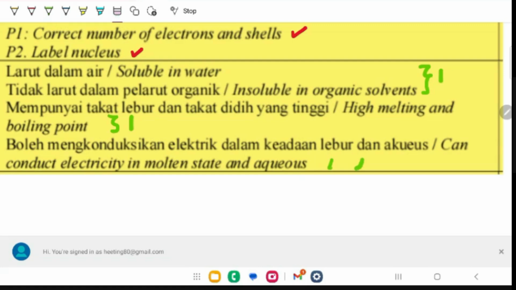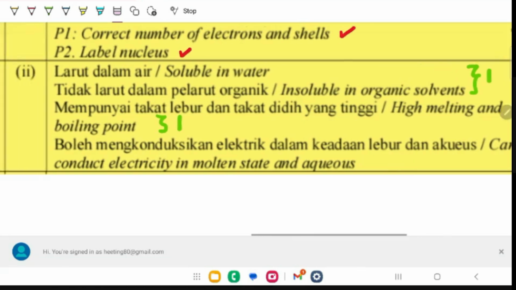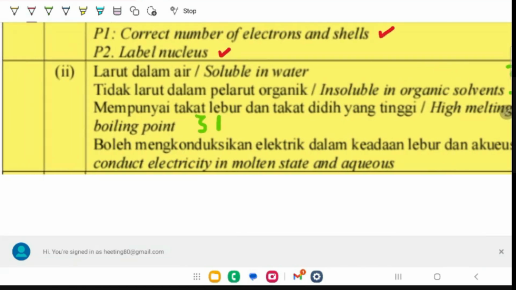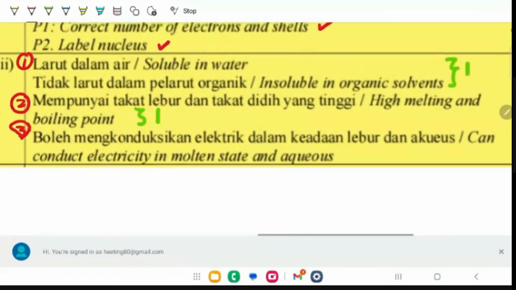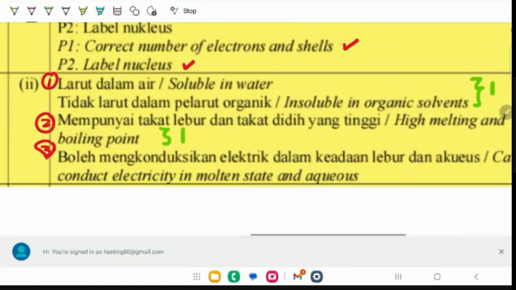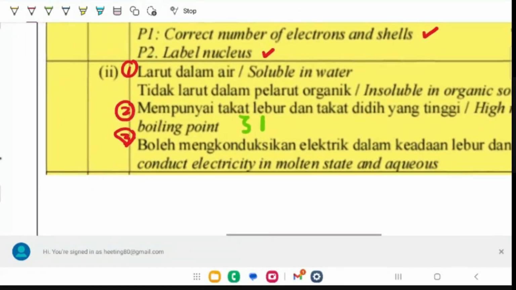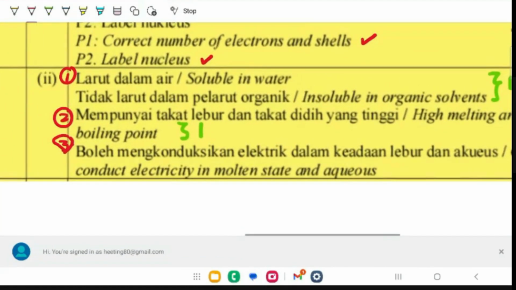Any one of these, you can choose. Three of it, remember. So you can choose any one of these.